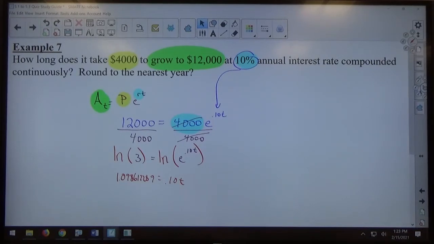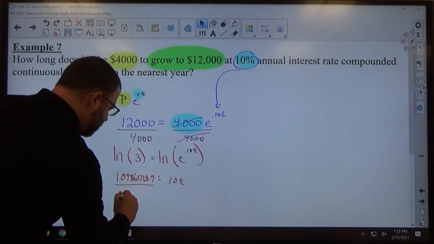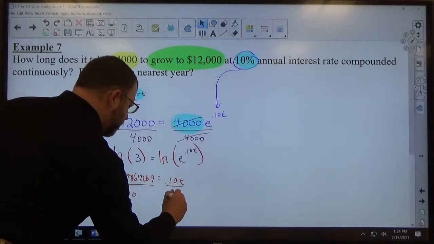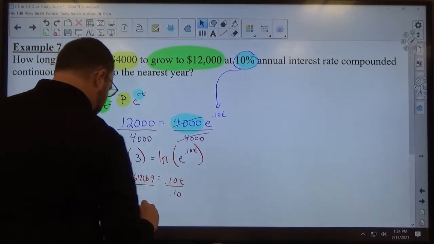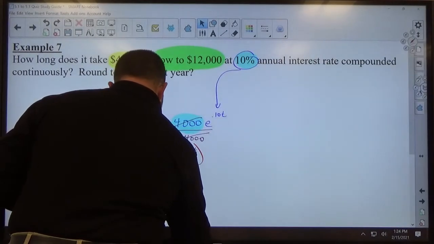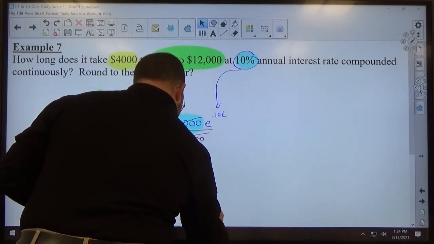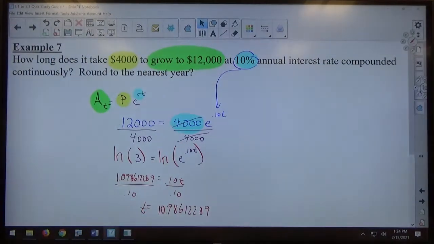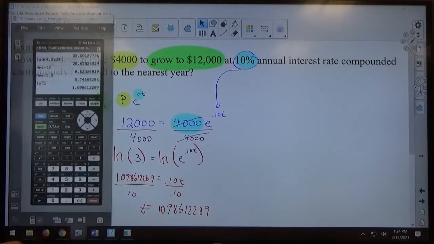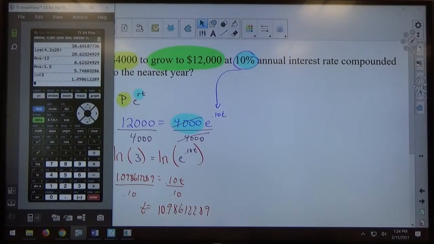Divide by 0.10. So divide both sides by 0.10, and that gives me t equals 10.986122289.